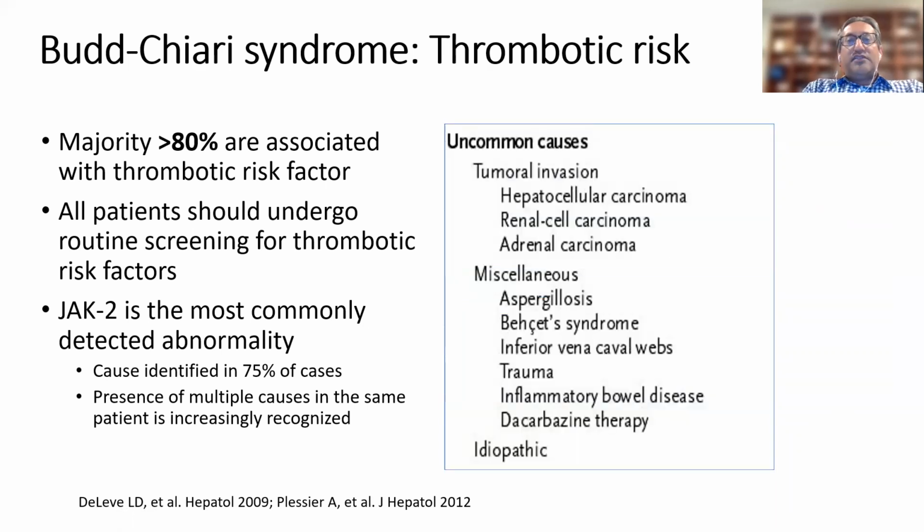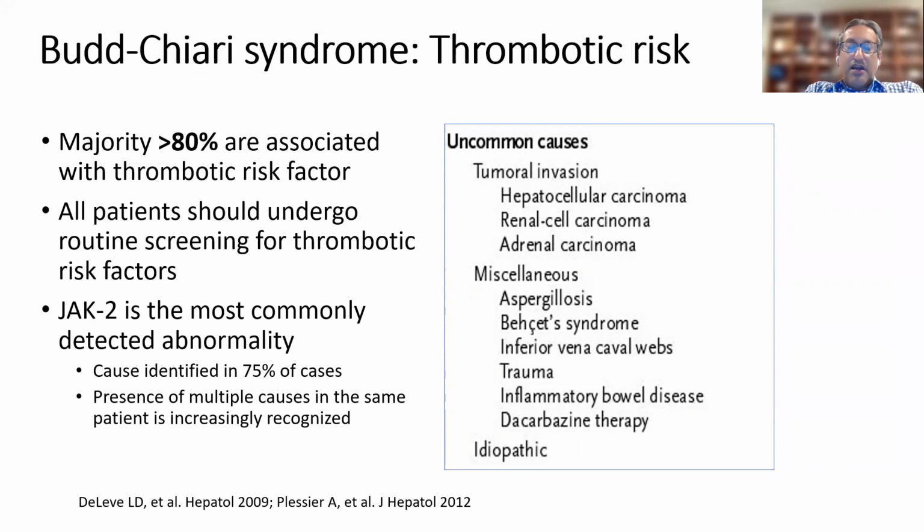Now, the uncommon causes, mostly when we talk about secondary Budd-Chiari syndrome. If a patient with hepatocellular cancer or any big cancer presents with tender hepatomegaly and ascites, they can look like Budd-Chiari syndrome, and they have the same pathophysiology. There are also other conditions like fungal infection with aspergillosis, inferior vena cava webs, which are seen in the East, trauma, inflammatory bowel disease, and some other causes, and dacarbazine therapy.